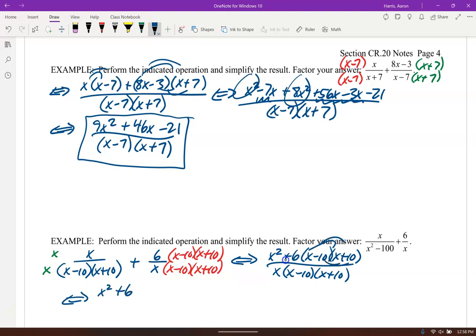I'm going to go ahead and distribute that, so that becomes x squared plus 10x minus 10x, which is gone, minus 100.